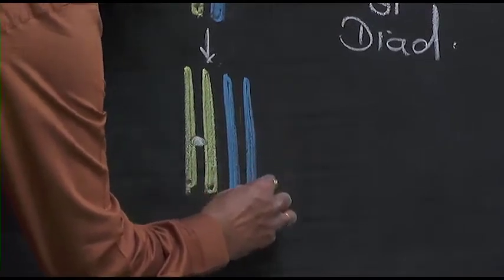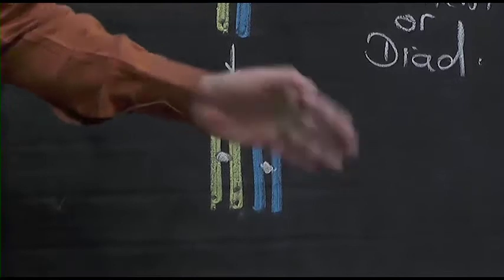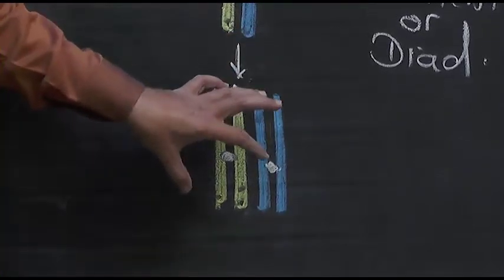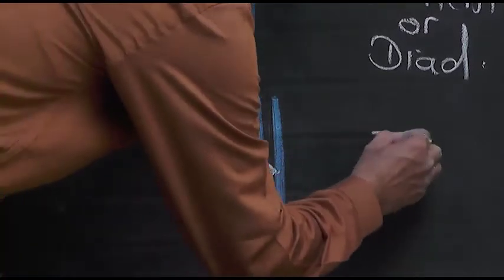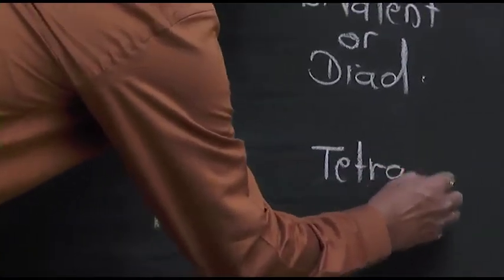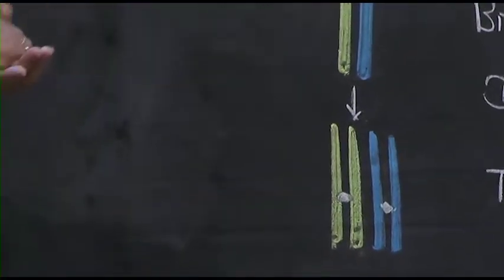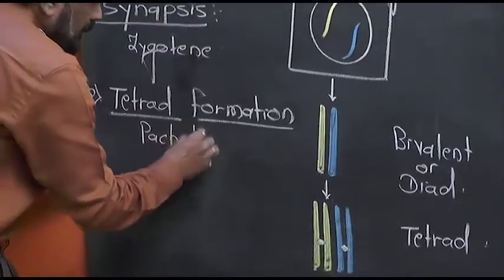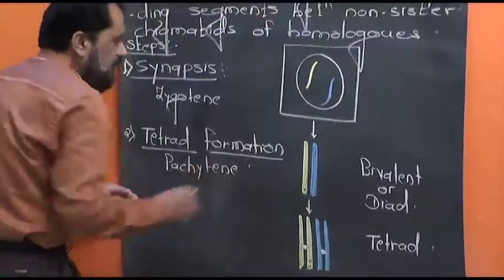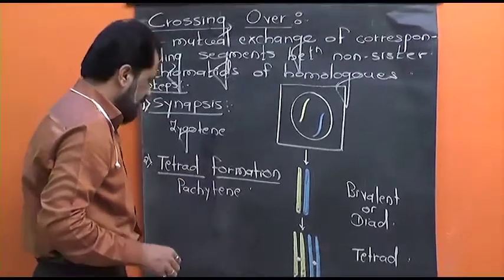It means here is the formation of 4 homologous chromatids, and this group of 4 homologous chromatids is also known as tetrad. The tetrad formation takes place in the pachytene phase of prophase of meiosis first.